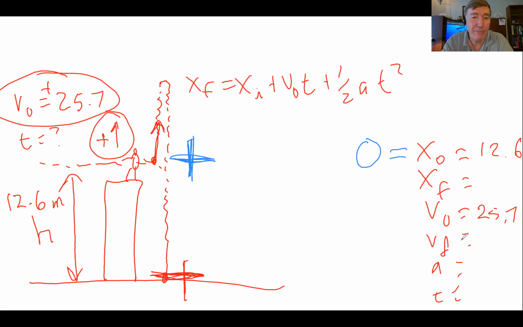And tell you what else I'm going to do, because I'm really feeling contrary today. I am going to define my plus direction to be down. So that means my initial velocity is not going to be a positive 25.7. My initial velocity is going to be a negative 25.7. Okay. All right. So Fatima, what is your X final going to be?